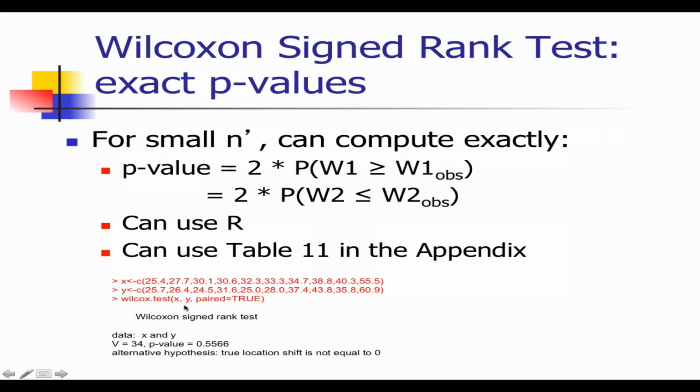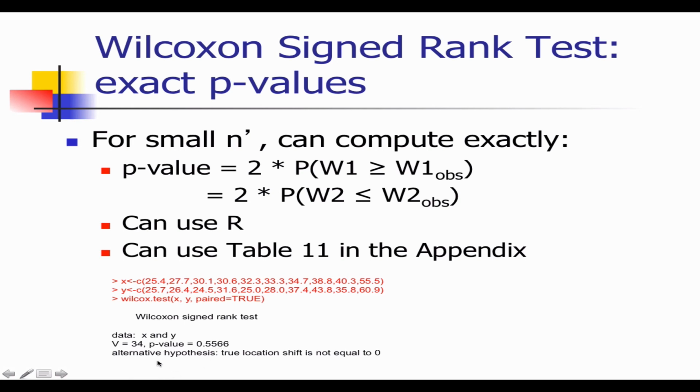Because here it's a paired design, you put paired equals TRUE. So you can see R automatically uses a test called the Wilcoxon signed rank test. It calculates a statistic, and according to that statistic, it gives you a p-value.